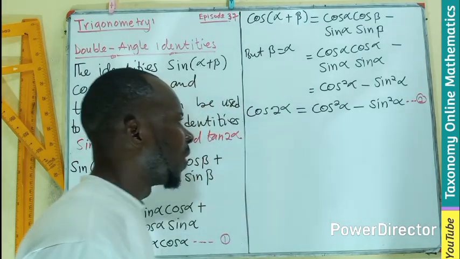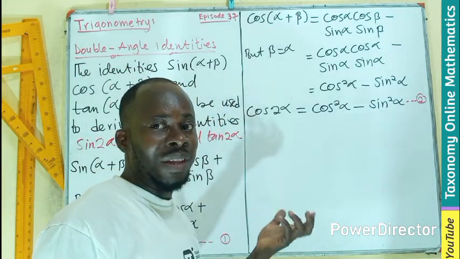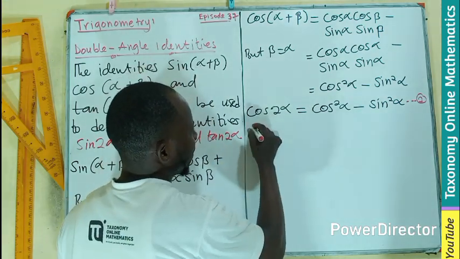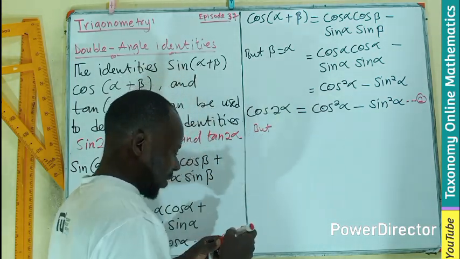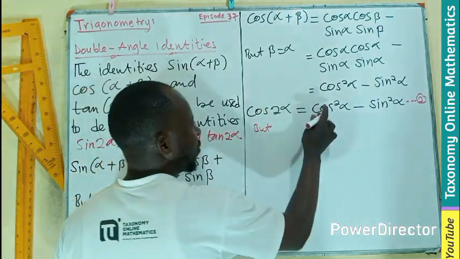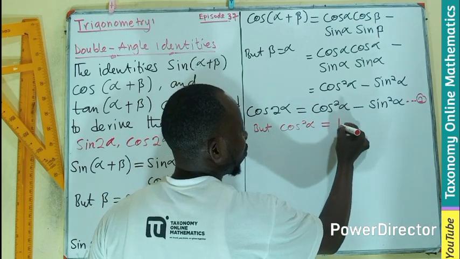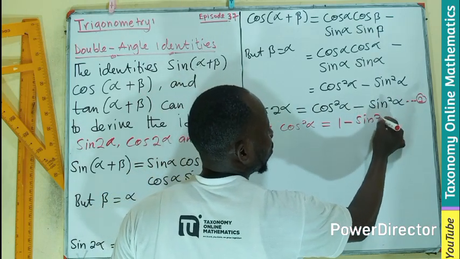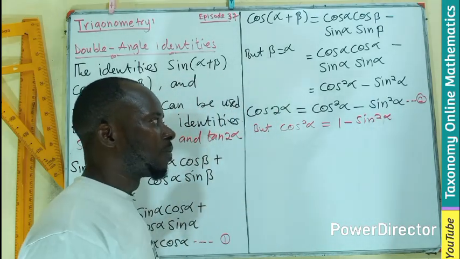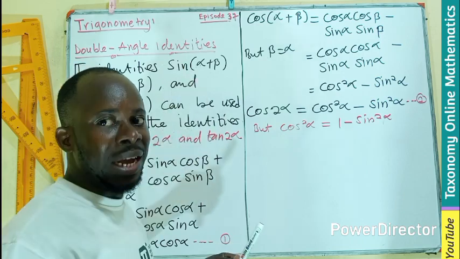Within this also, we can have other representations. If I take the cos square alpha, it is the same as 1 minus sine square alpha, from one of our identities from the Pythagoras theorem, using the unit circle.